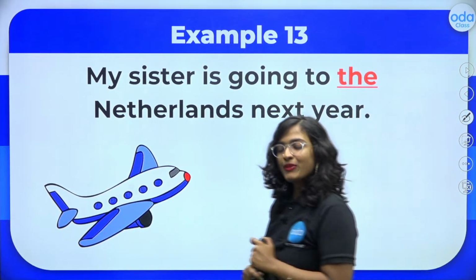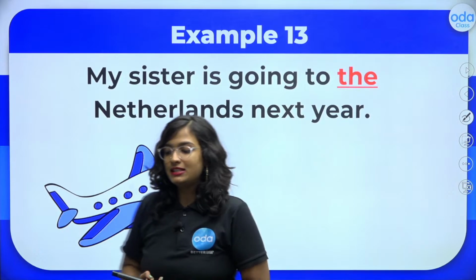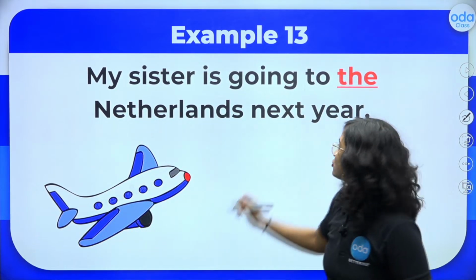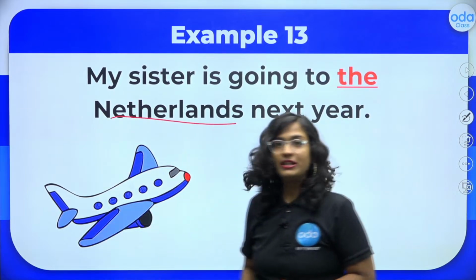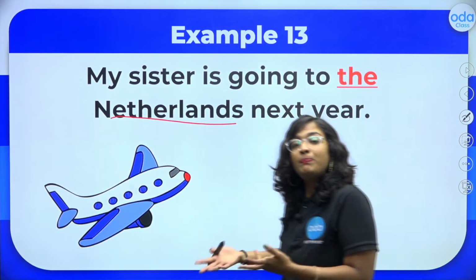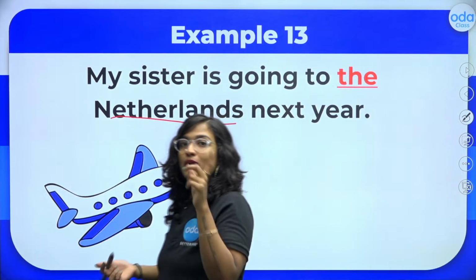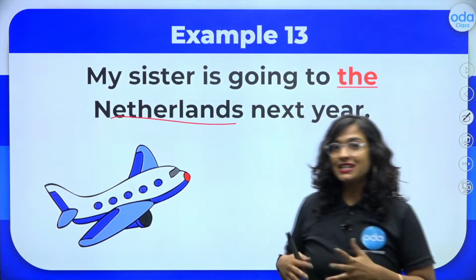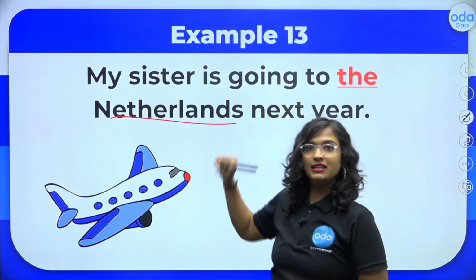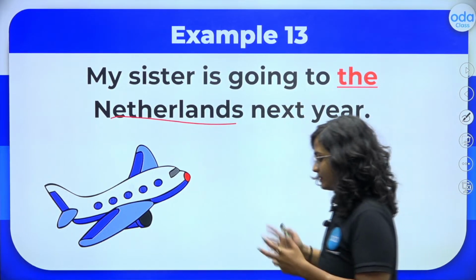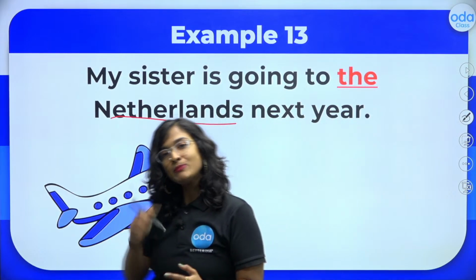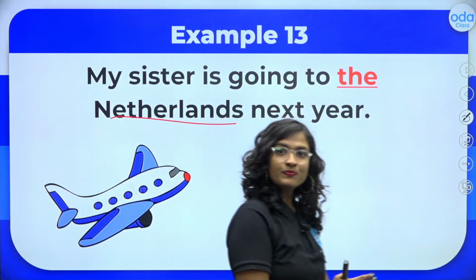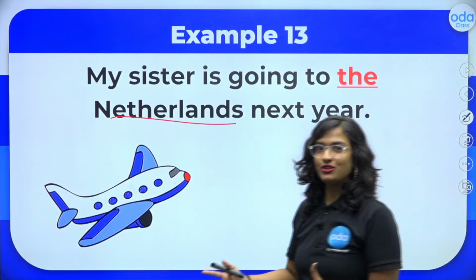My sister is going to the Netherlands next year. Now, Netherlands, once again, students, the name of this country indicates that it's already in the plural form. So that is why I will use my article the before it. Alright, my sister is going to the Netherlands next year. So now students, let's keep in mind all of our rules of where we need to use the and where we do not need to use the.